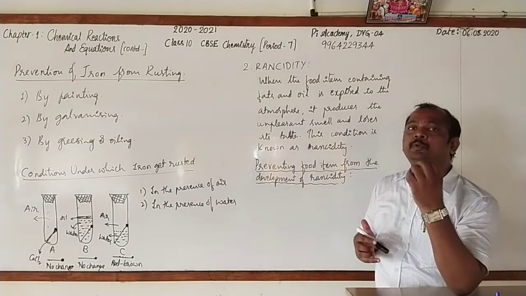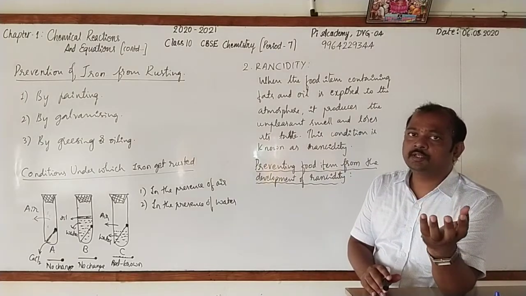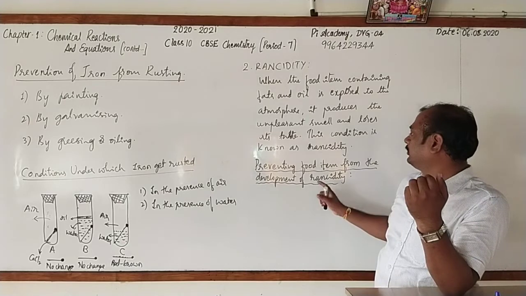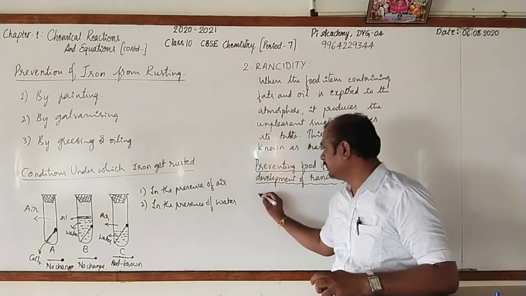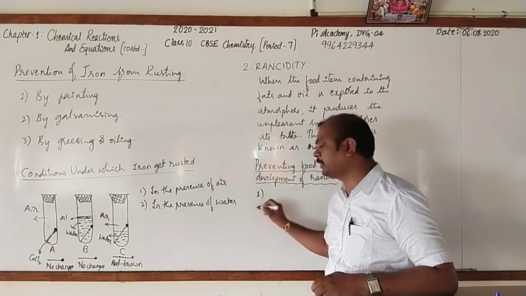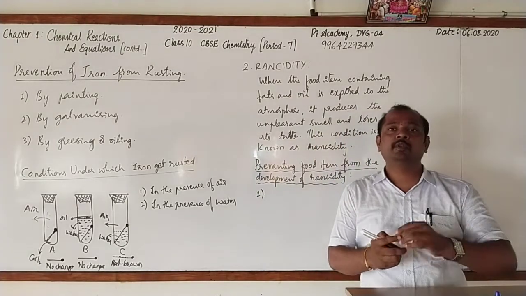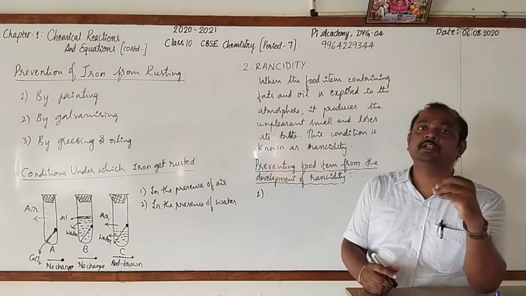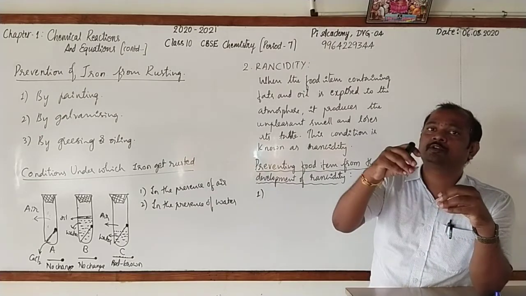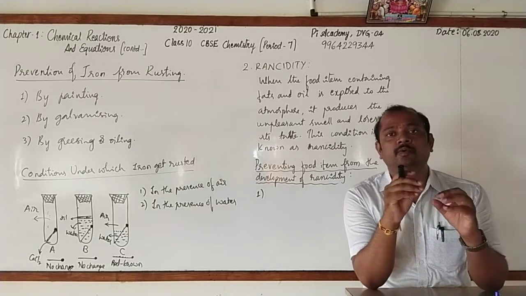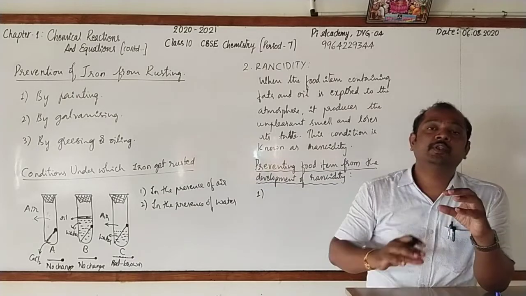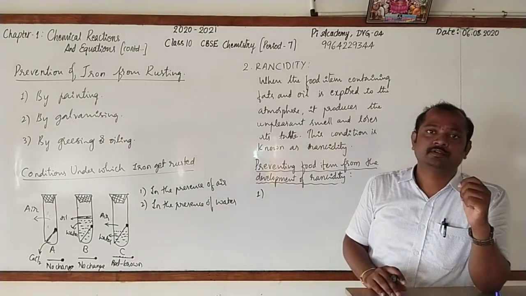Then how do we prevent food items containing fat and oil from developing rancidity? Dear students, you are also very familiar with this. Some of the food items containing fat and oil are stored in packets which are filled with nitrogen gas. Got it?